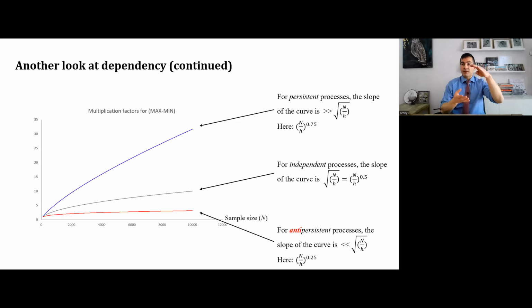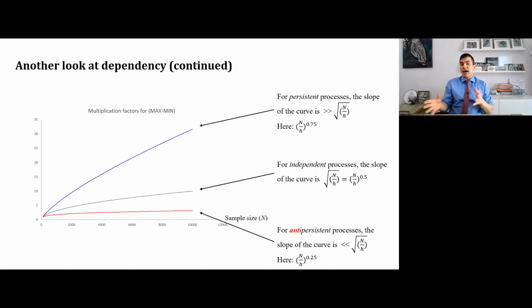But if the process is persistent, the range can be much, much higher. As you see here, the multiplication factor is in the neighborhood of 20. So 20 times 20, now we're dealing with a range of 400 as opposed to 160. So we see it's very different.